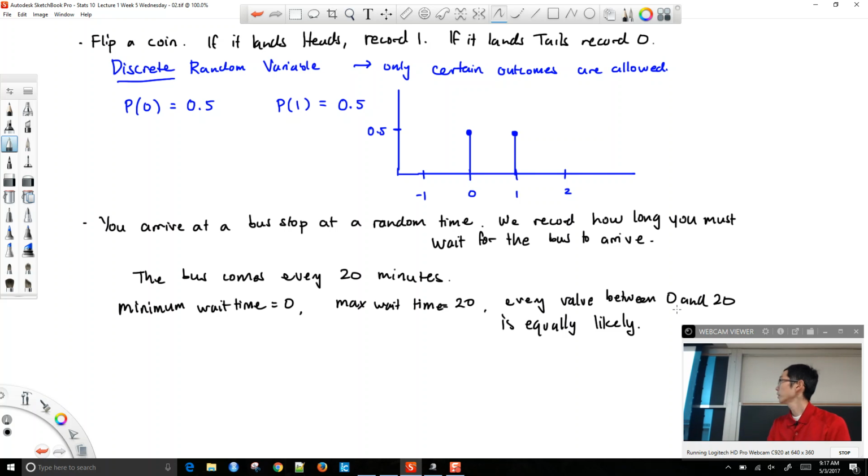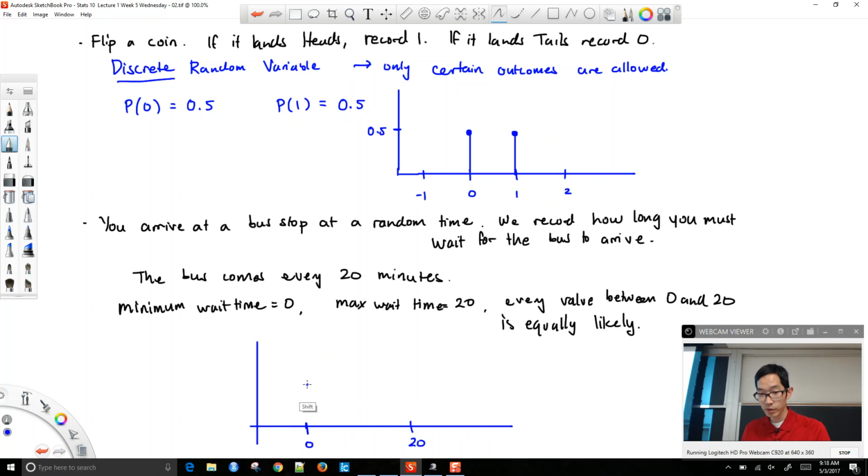Okay. And so the way we represent this is we say, okay, we can go from 0 to 20, and then we say every value between 0 and 20 is equally likely.